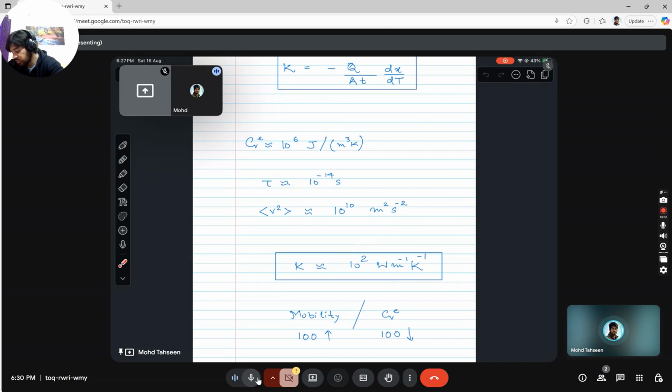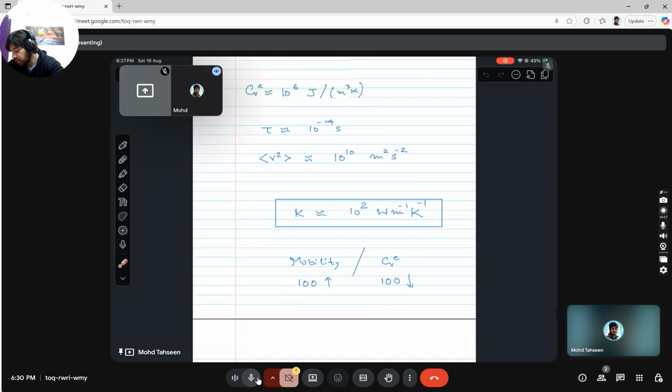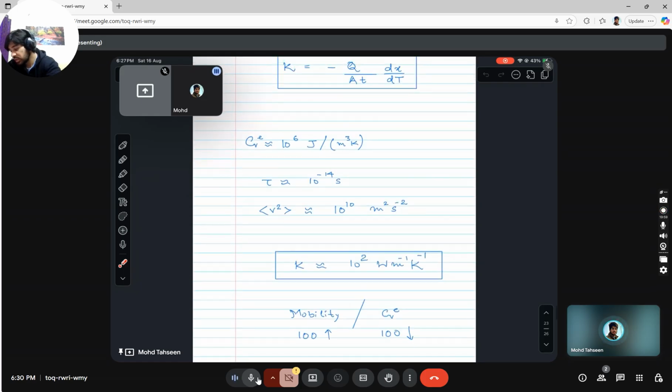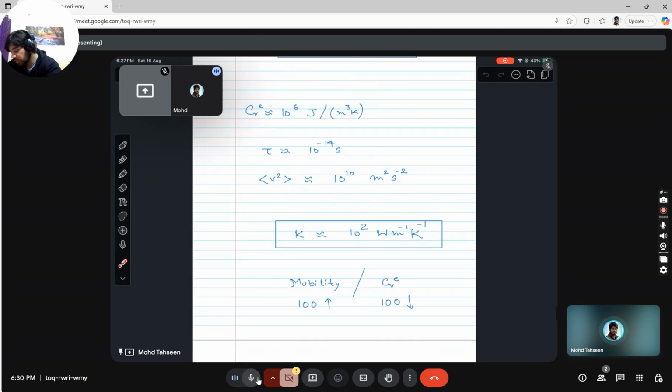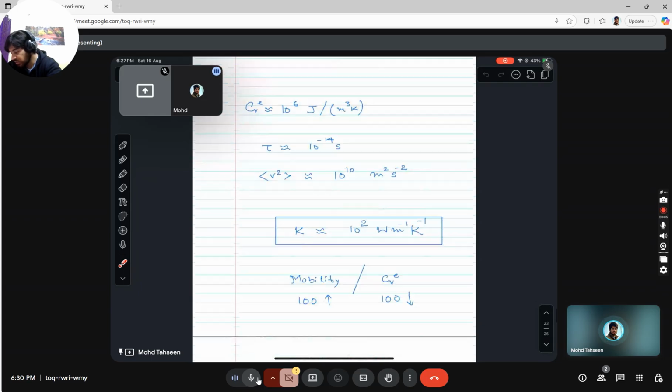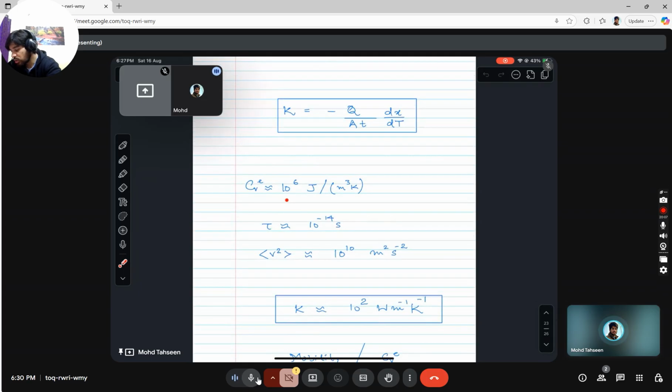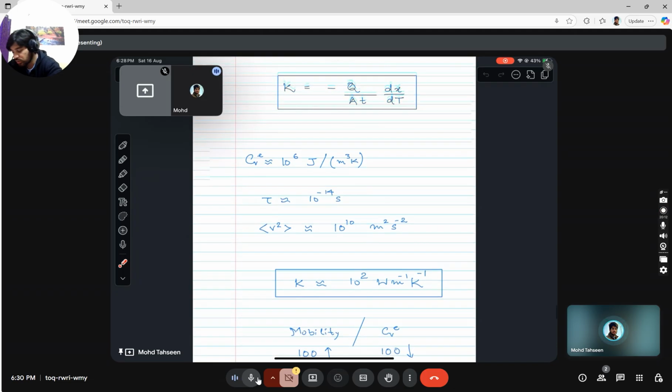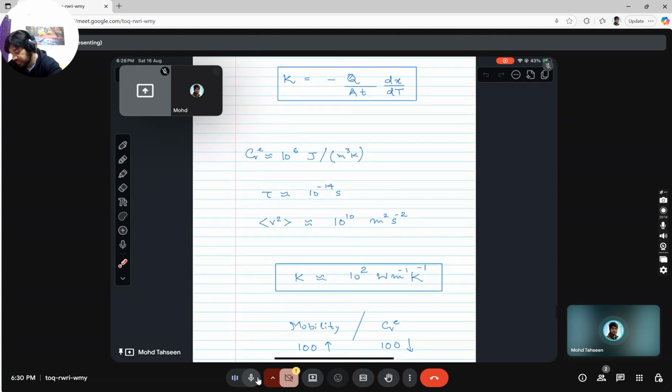Now this value of thermal conductivity again matches well with the experimentally determined values, but this CVE does not match well. In fact, it's underpredicted by the Drude model. This is not the correct figure. It should be somewhere around 10 to the power 8.